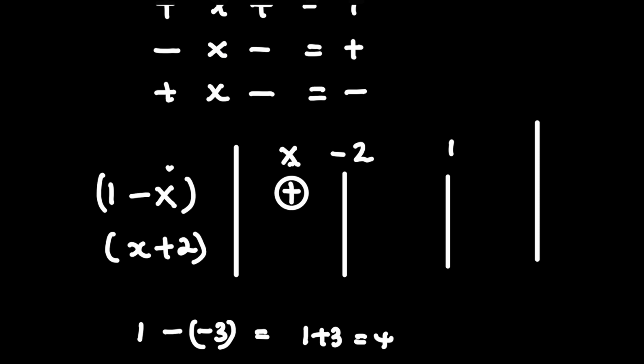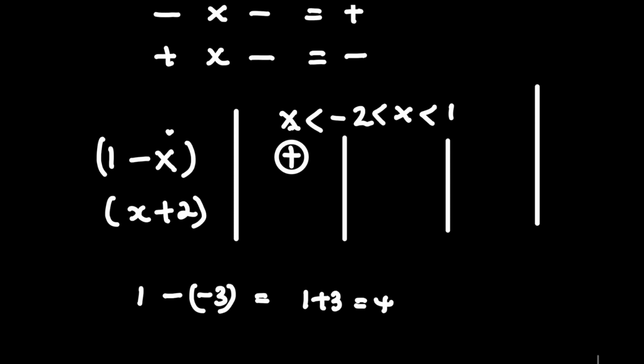So that's for any value of x that is less than minus 2. Now choose any value of x that is between minus 2 and 1, so let's say 0. In that case, it's going to be 1 minus 0, so that's still a positive value.